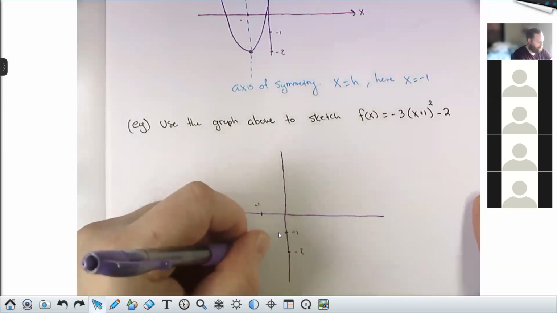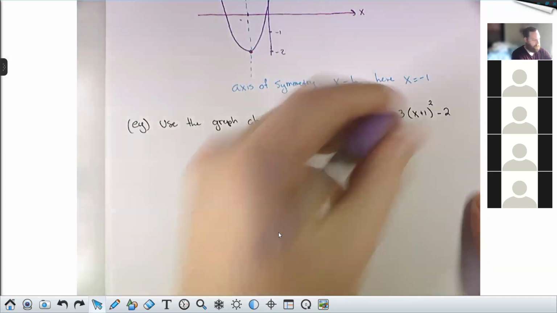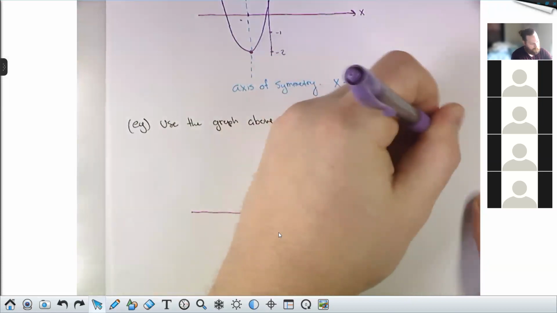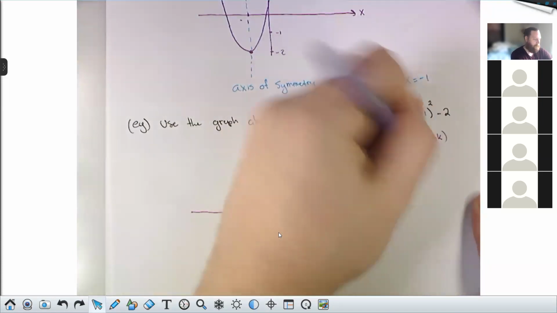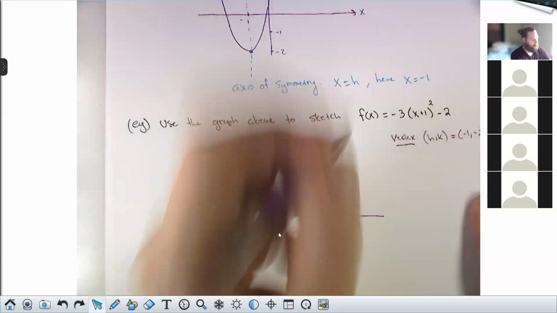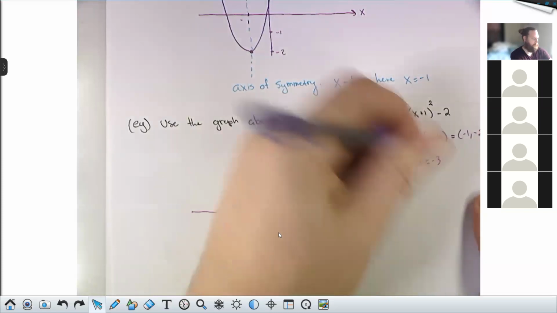So this guy right here still has vertex (h, k), where h is -1 and k is -2. But a here is -3.